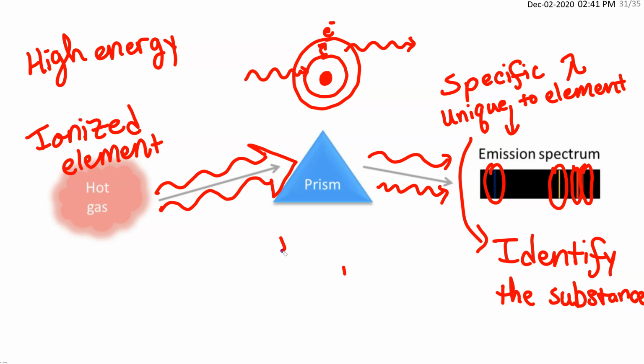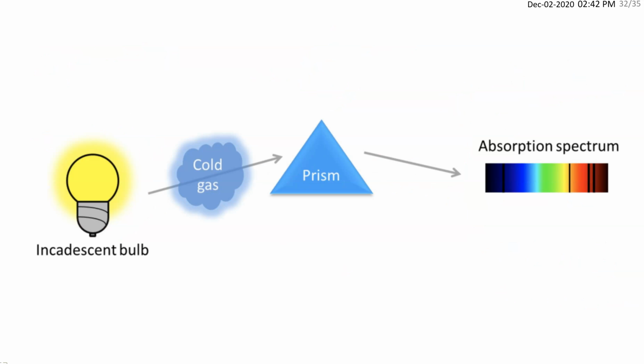Now, what does this have to do with stars? When we have stars, this star is giving off some sort of light, which is continuous. But then it passes through some sort of cold gas.